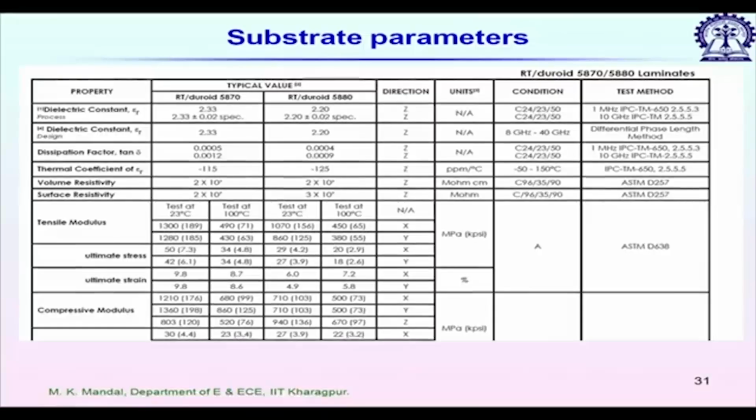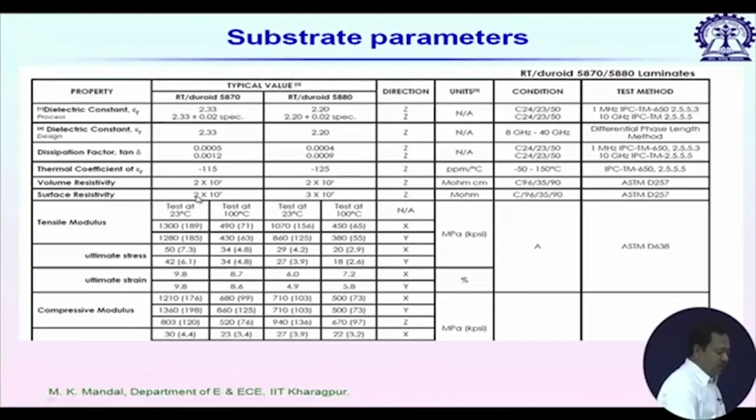There are additional parameters, like the Young modulus of your substrate, and the vapor absorption coefficient of your substrate, because if the dielectric absorbs vapor, water is very lossy, and the dielectric substrate will become very lossy. So, there are many other factors we have to keep in mind.